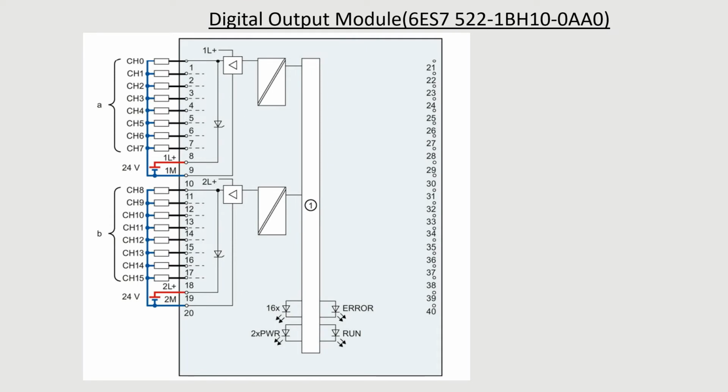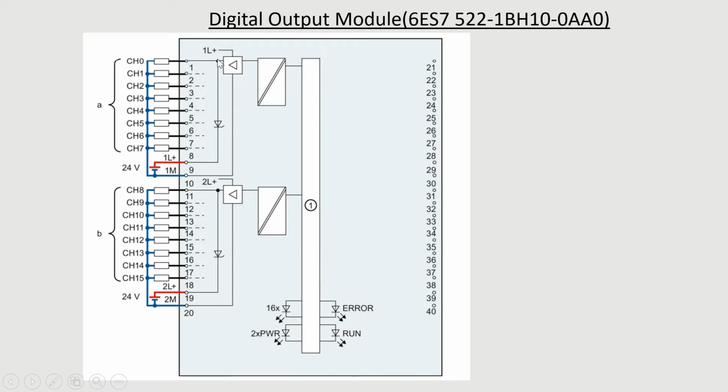This is a basic module we will take in TIA Portal. That module has 16 outputs in two groups. So for this group A, we have to give the power supply, 0 volt connection at terminal 10 and 24 volt at terminal 9. 0 volt is required to energize this module and 24 volt is required for giving the output to the output device.